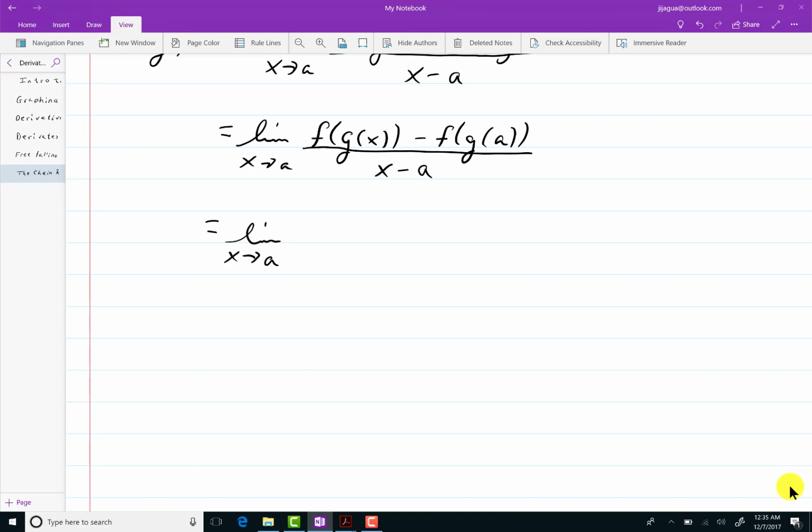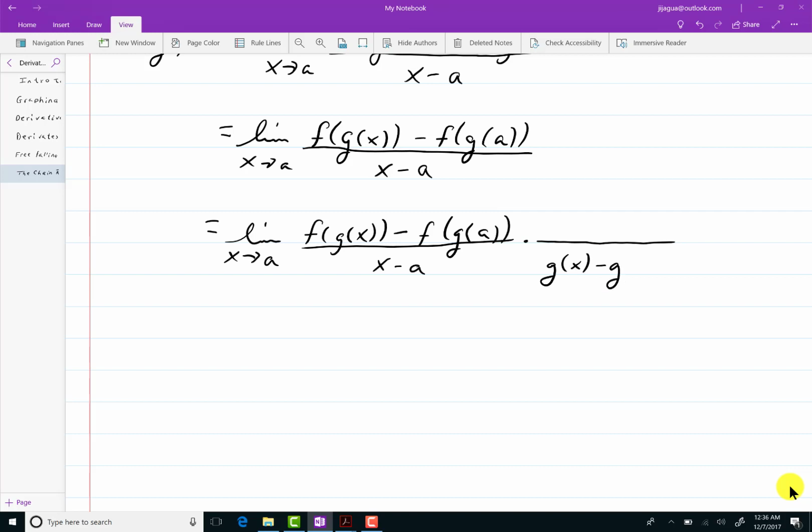Now, the trick that's usually done in these kinds of problems is this. I will simply multiply and divide by g of x minus g of a. Something of a trick.